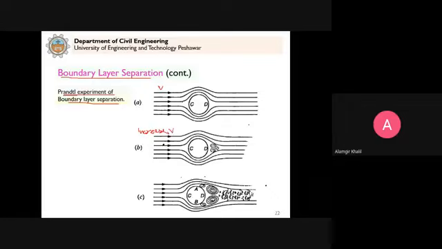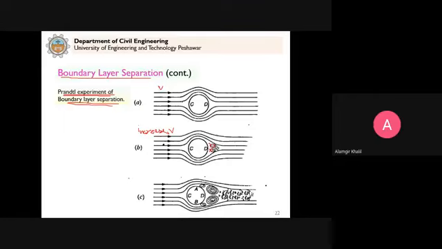what Prandtl did in the experiment is that he put a cylinder here, and the fluid is allowed to flow past this cylinder. And to visualize these streamlines, he sprinkled particles of aluminum, because aluminum will reflect the light and the streamlines can be visible. On increasing velocity, he observed that these vortices form at the rear side of the cylinder at point D. You can see here.